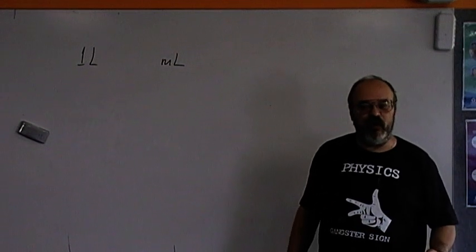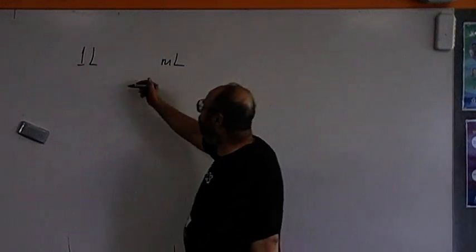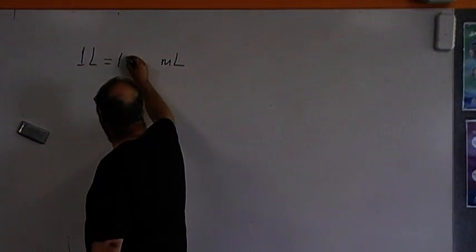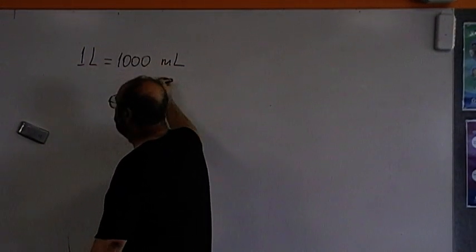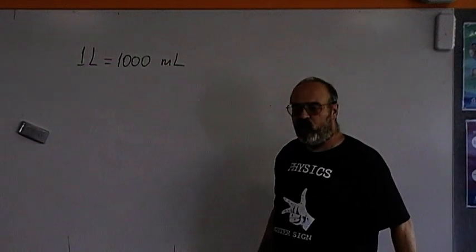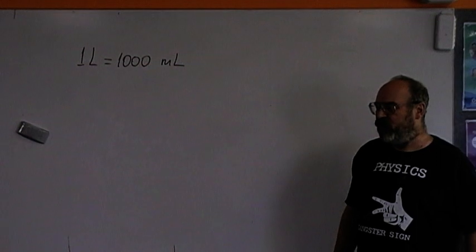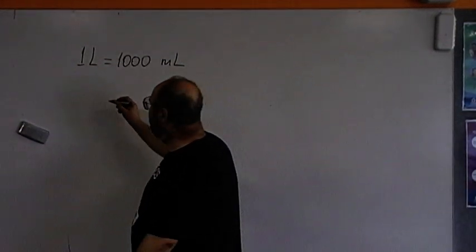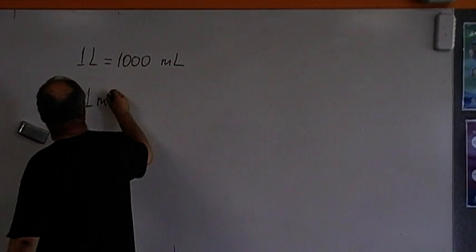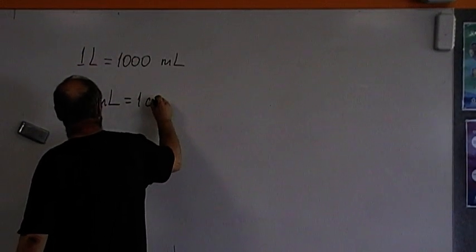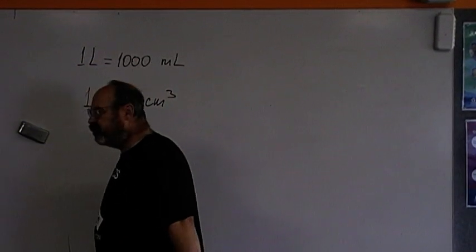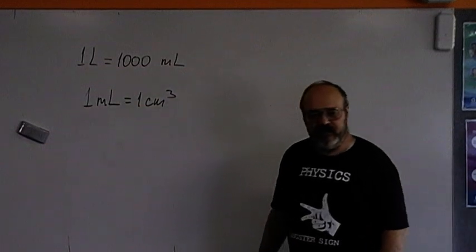Milli always means 1,000. So 1 liter equals 1,000 milliliters. And 1 milliliter is exactly equal to 1 cubic centimeter. It's exactly the same thing.